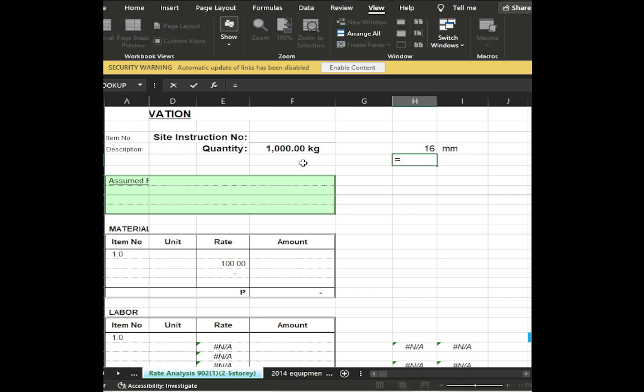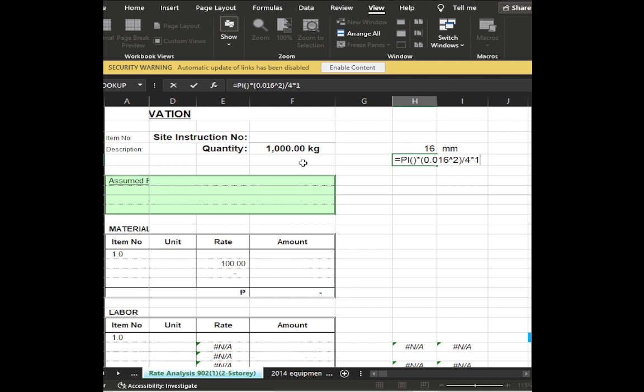So we will put pi times 16 mm, we will convert this one to meter, which is 0.016, then squared. Then we will divide it by 4 so that we can get the area of the 16 mm. Then we will multiply this one by 1 meter if we have 1 meter, or 10 meters if we have 10 meters. So let's just say this one is for 1 meter only.